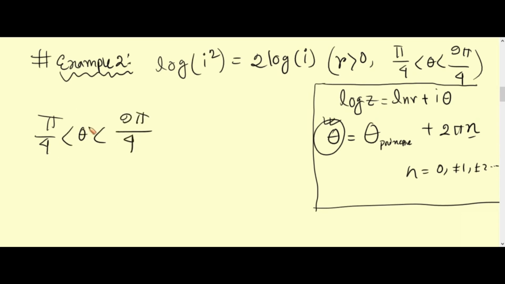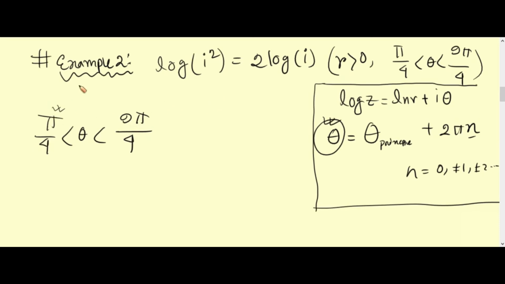And you can guess that here theta is actually positive. It should be positive, that is, it's bounded below by pi by 4. In fact, pi by 4 is exclusive here, not inclusive. And the upper limit is less than 9 pi by 4, and this 9 pi by 4 is just slightly greater than 2 pi, right?